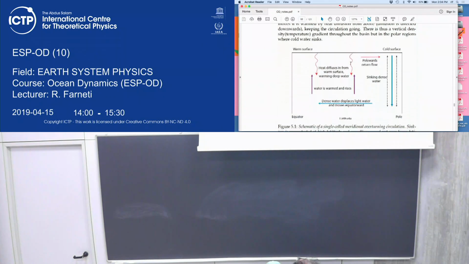Then we tried to make a slightly more general scaling for the thermocline, which is the region where you would feel the wind stress. And so we developed this very simple way of thinking of a circulation in the ocean, which is actually what we will start doing today again.